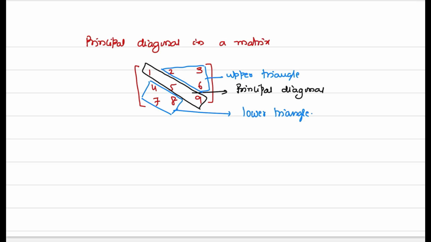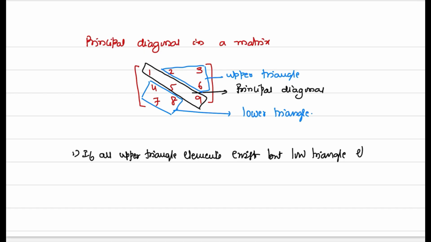If all the upper triangle elements exist but the lower triangle elements are all 0, that means it's an upper triangular matrix.